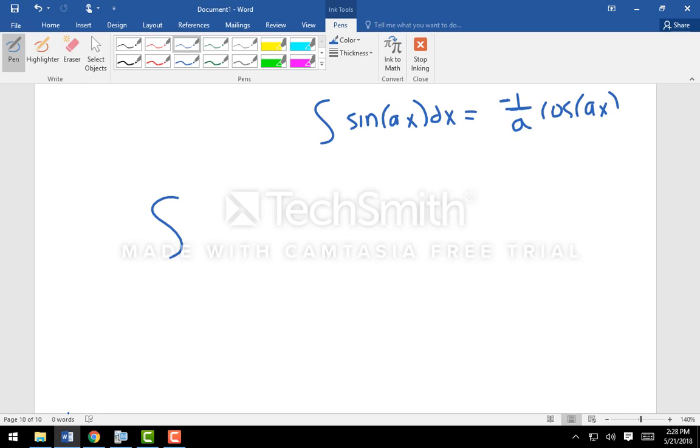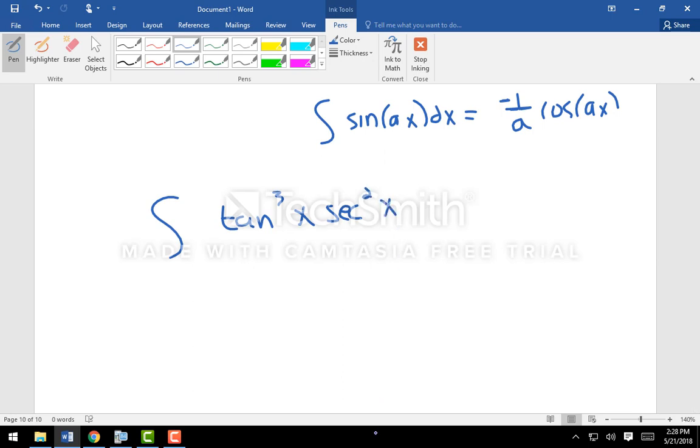Let's look at tangent cubed of x, secant squared of x.